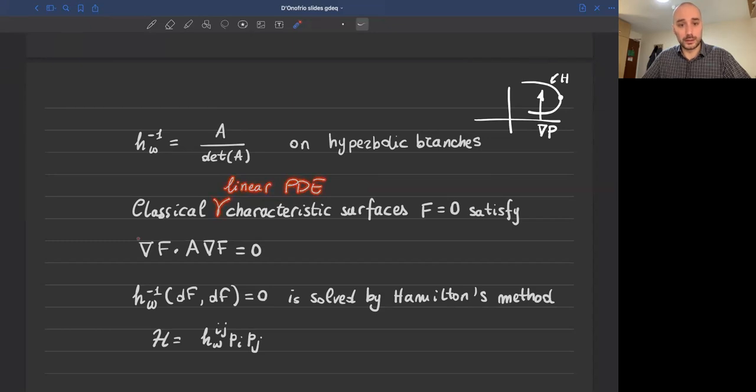Characteristic surfaces are defined as surfaces which satisfy this equation, which in our geometrical setting boils down to requiring this one. Here, I got rid of the determinant because it's non-zero as long as we are in a hyperbolic region.